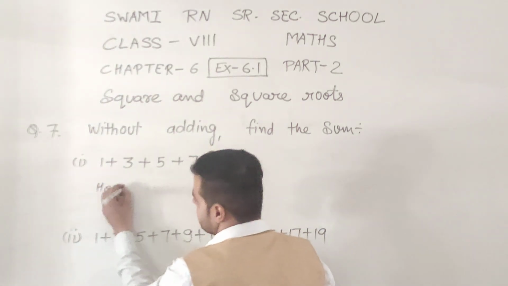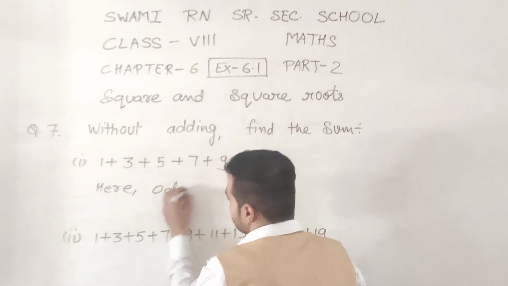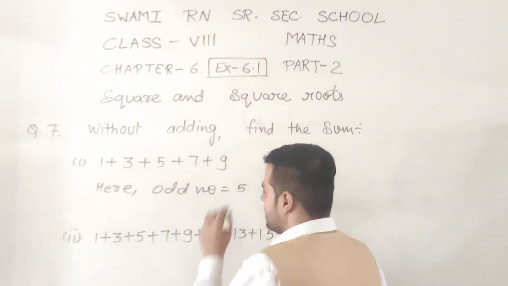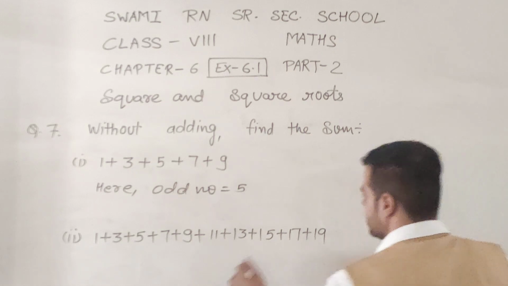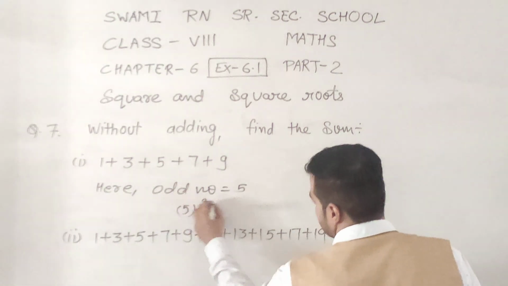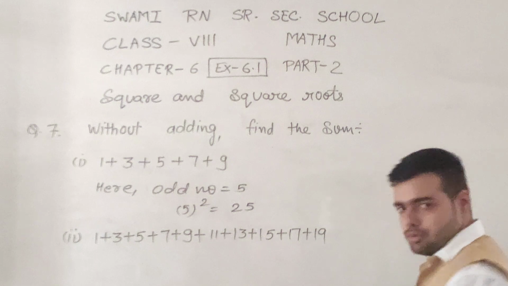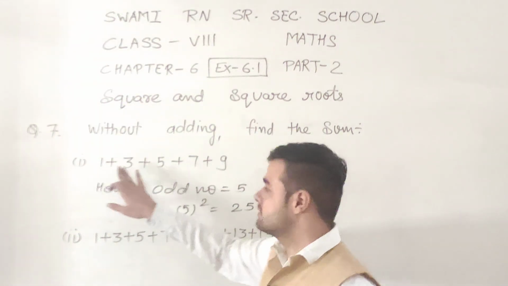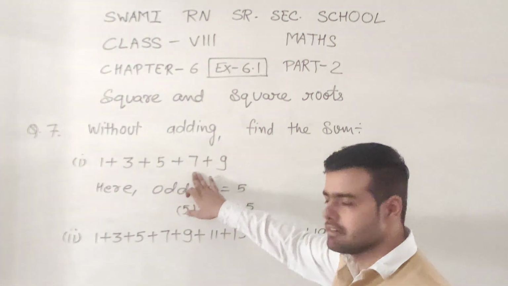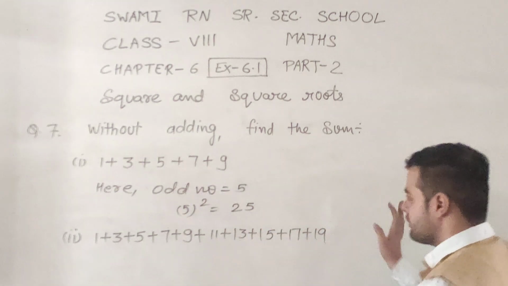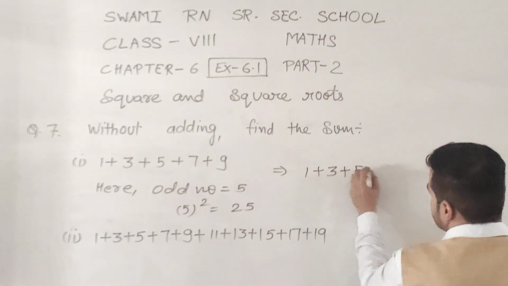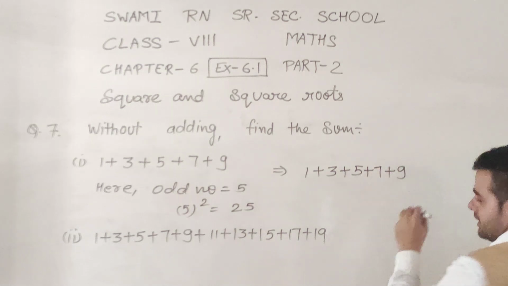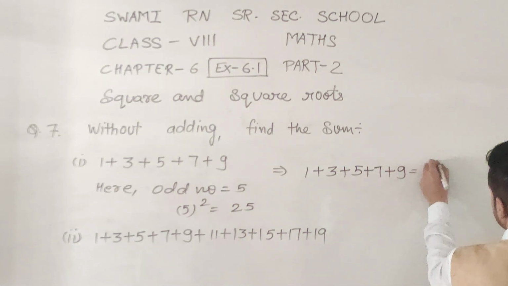So the number of odd numbers is 5, and the square of 5 is equal to 25. So the sum of 1 plus 3 plus 5 plus 7 plus 9 is equal to 5 square, that is 25.